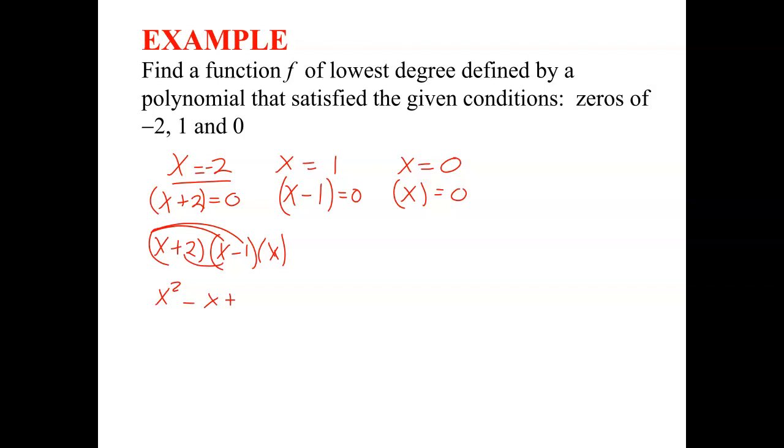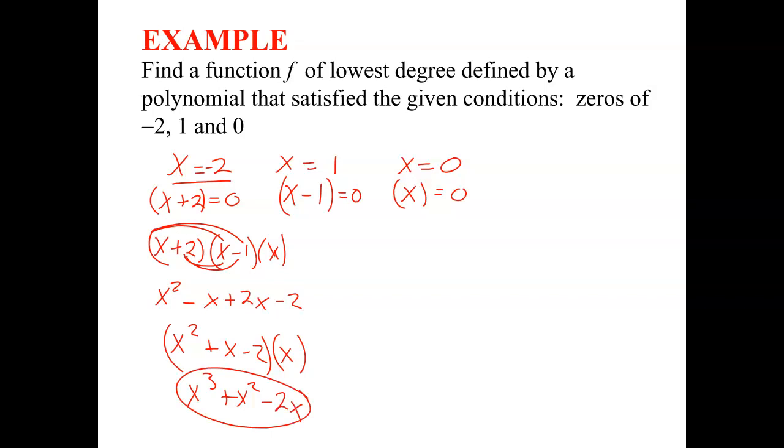And then 2x and 2. Let's combine like terms. And then we'll distribute the last x in. So what am I going to end up with? There you go. So that's my polynomial that has zeros of -2, 1, and 0.